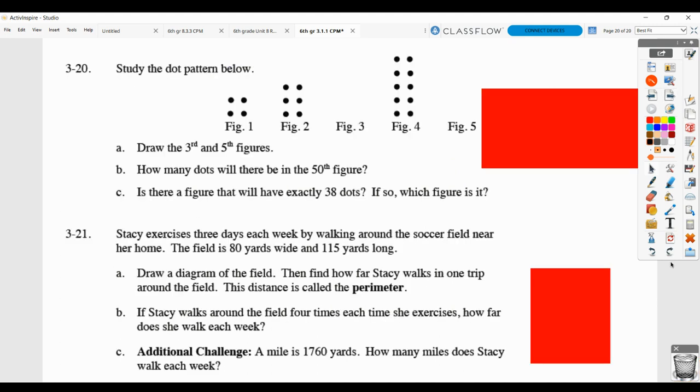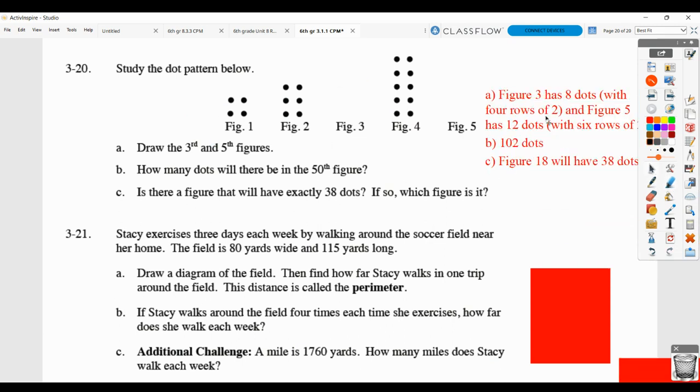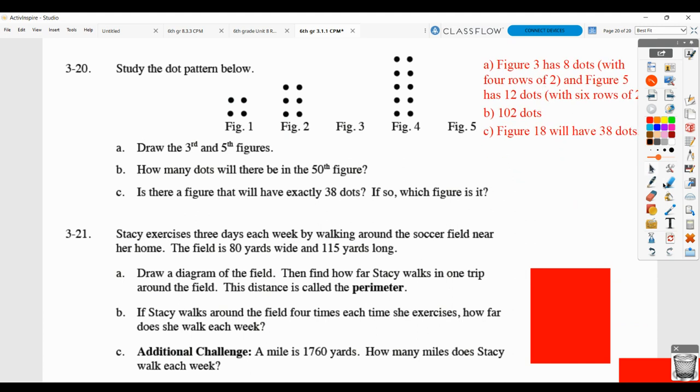For the dot pattern, you have to draw the third and fifth figures. And what you should find is figure 3 is going to have 8 dots, 4 rows of 2. So basically, we're talking about is like this, except for mine's kind of messy. And then figure 5 will have 6 rows of 2.